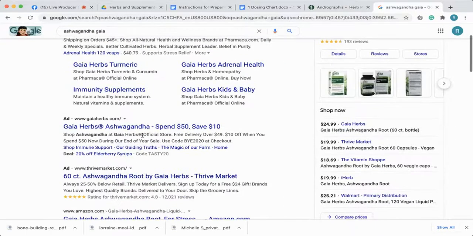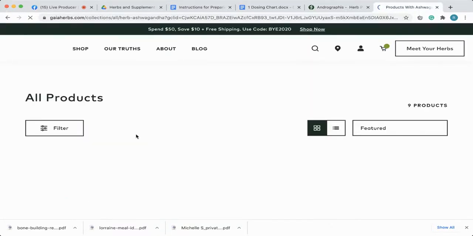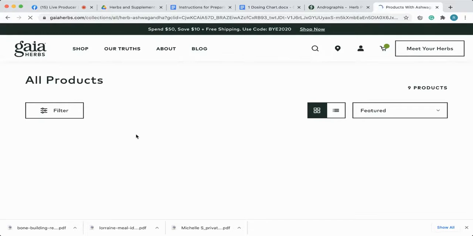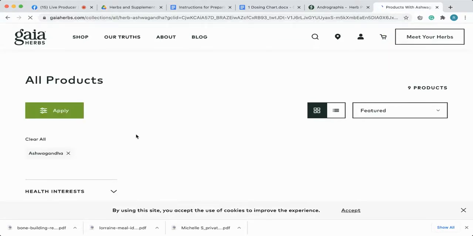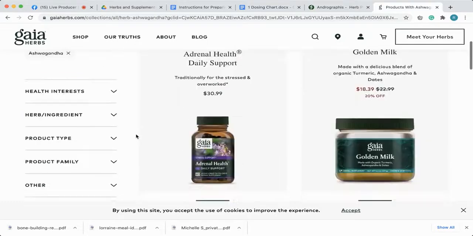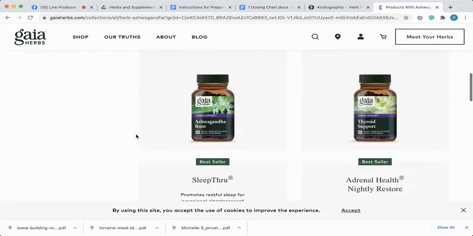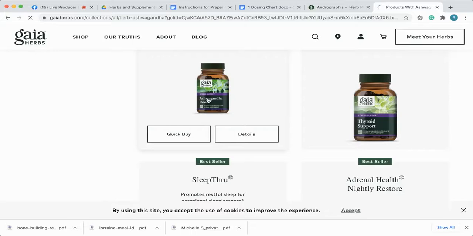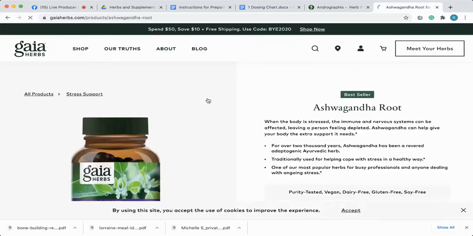Let's look at another product. Gaia Herbs. Now see, some capsule products, encapsulated products, the milligram dose is written very clearly. However, some of the Gaia products are extracted first.